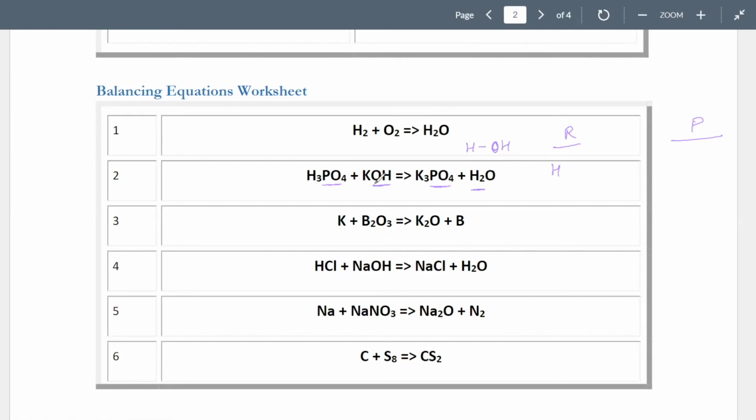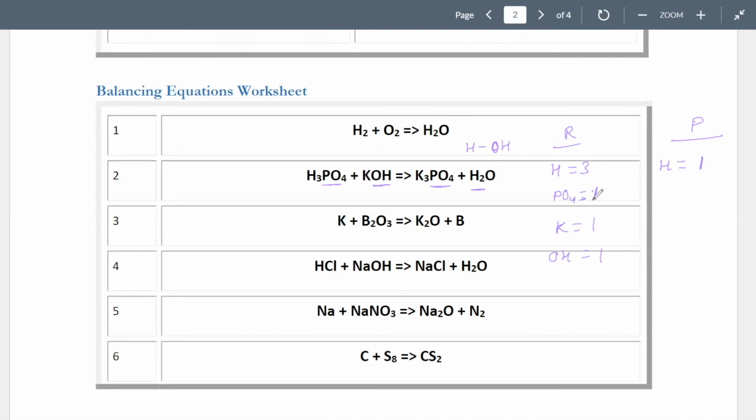So how many hydrogens do we have? 3, and then phosphate ions, just 1. And potassium, we have 1. And hydroxide, we have 1. Moving to the other side, how many hydrogens do we have? Do not look at these. There are 2 here, but if you look at this form, there is just 1.